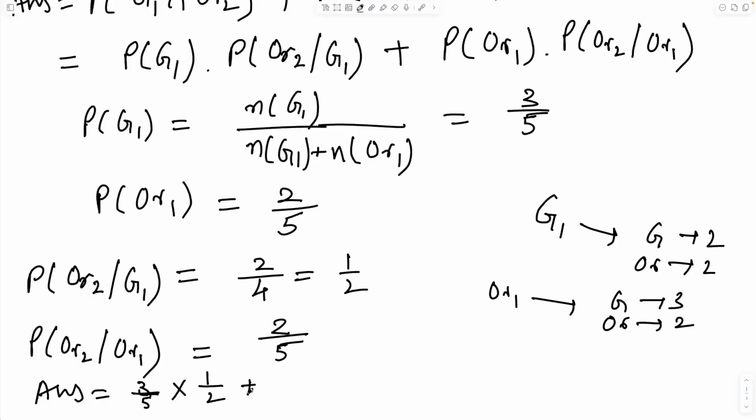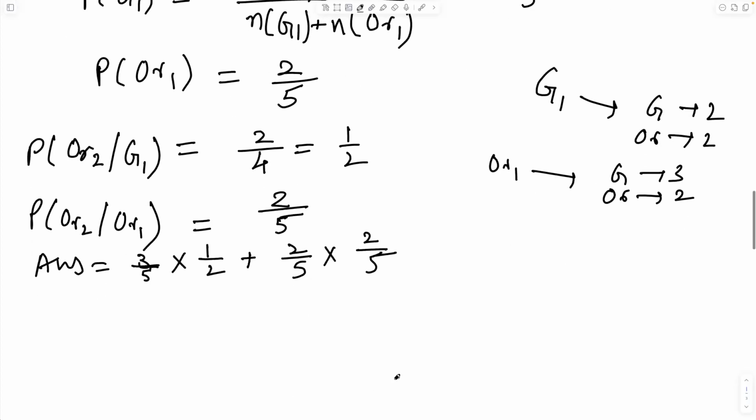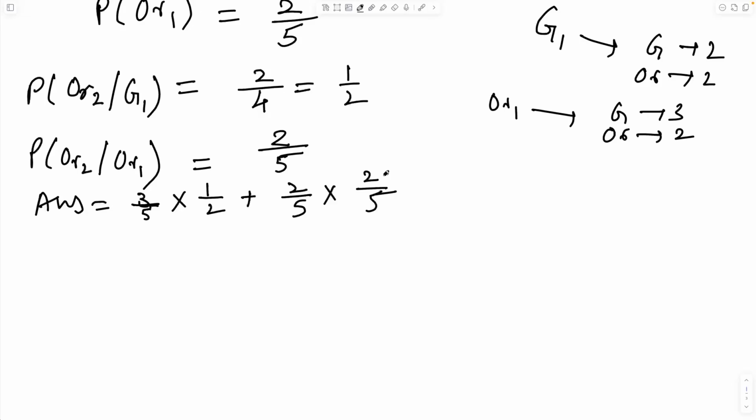And then you have P(O1), that is going to give us 2 by 5. 2 by 5 times your P(O2 given O1), that is 2 by 5 again, right? Let's simplify this and basically find our answer. That is going to give us 3 by 10 plus 4 by 25, right?